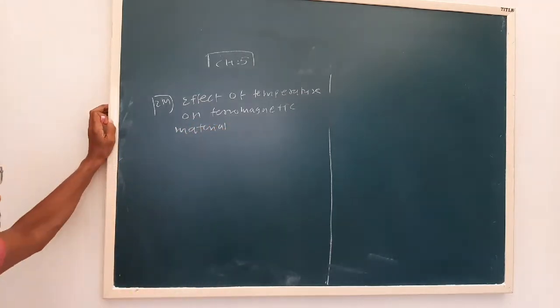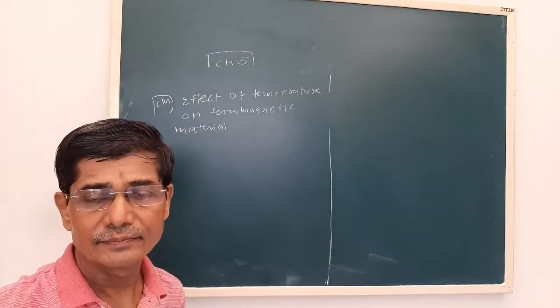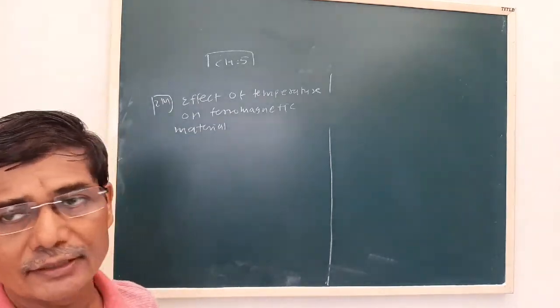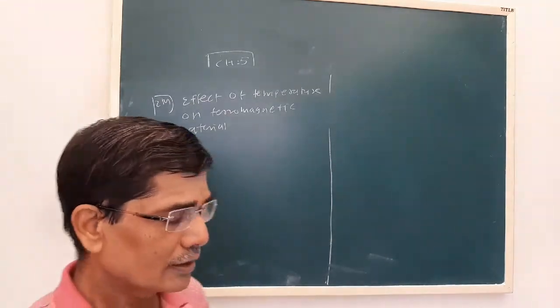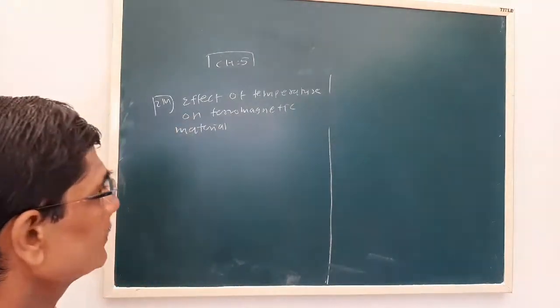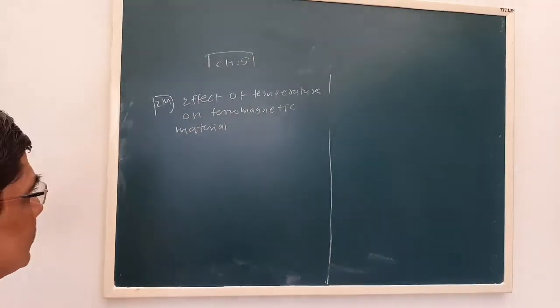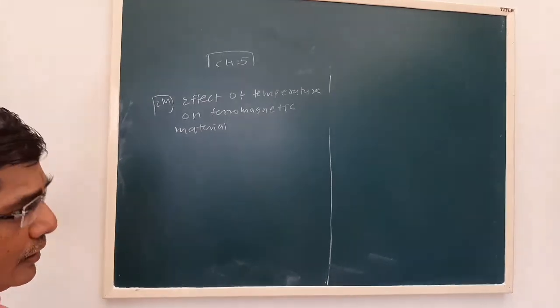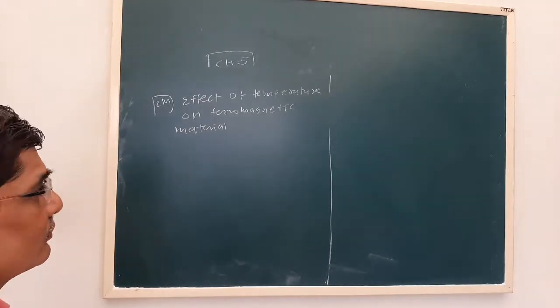Scientist Curie studied how the properties of ferromagnetic material change with temperature, or the temperature dependence of the magnetic property of ferromagnetic material.